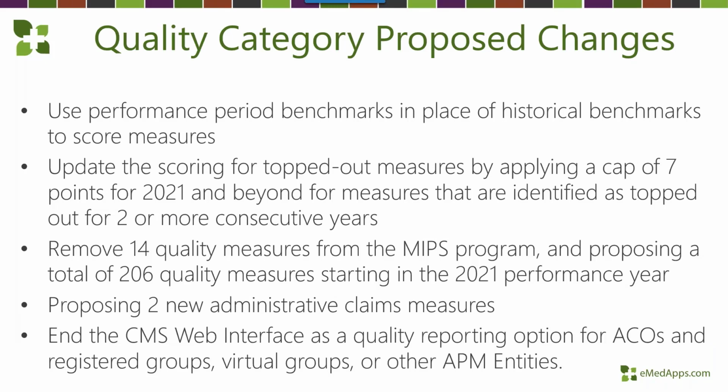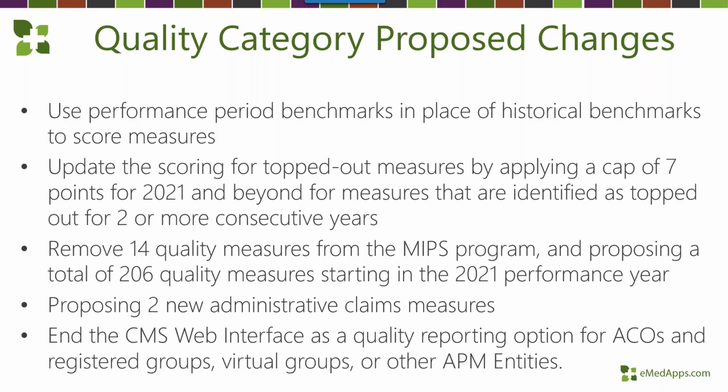Quality category, few proposed changes there. They're noting that in place of historical benchmarks, they're going to use performance period benchmarks. So that's a proposed item for 2021. They're updating the scoring for topped-out measures. So they're applying a cap of 7 points for 2021 and beyond.